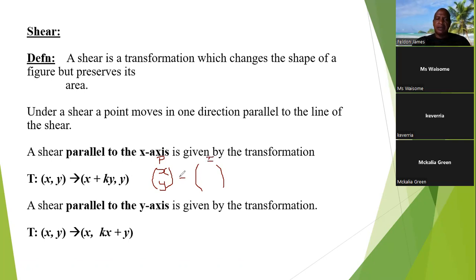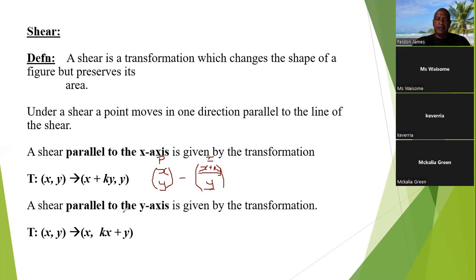In this x value, you multiply the y value by some value k, so you add x plus k times the y value. But the y stays the same, meaning the shear is parallel to the x-axis. So only the image of the x coordinate is affected, but the y coordinate remains the same.